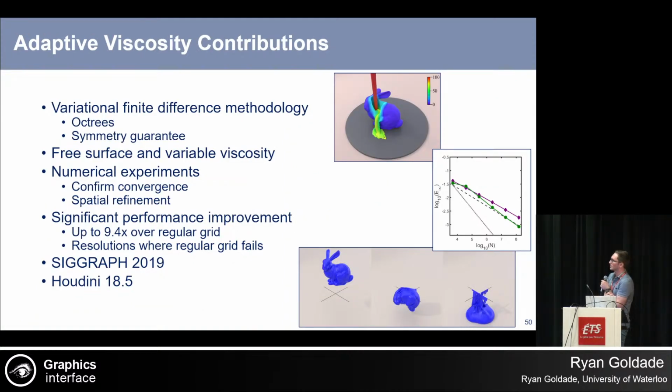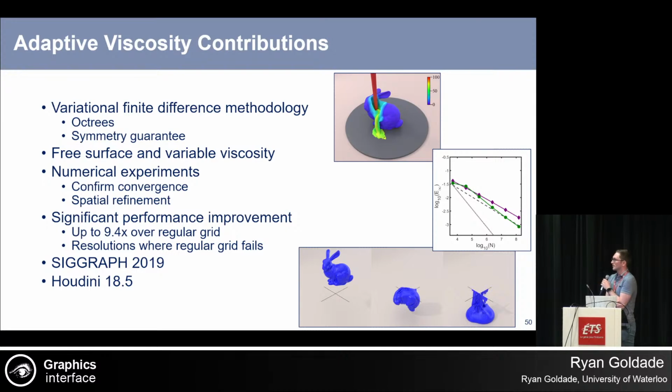Okay, so the main contributions for this was essentially building a variational framework where we discretize the viscosity PDEs onto octrees, which required careful discretization, but we can guarantee symmetry, which allows us to use fast solvers. We showed that this works for free surface viscosity, variable viscosity, like the bunny example, and we verified that this indeed converges with analytical examples.